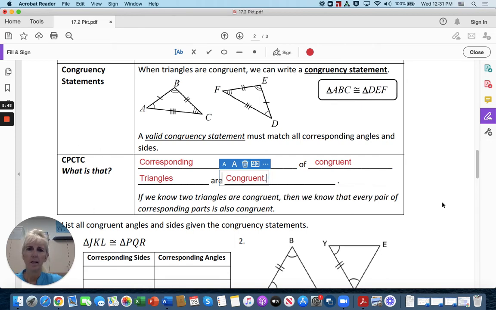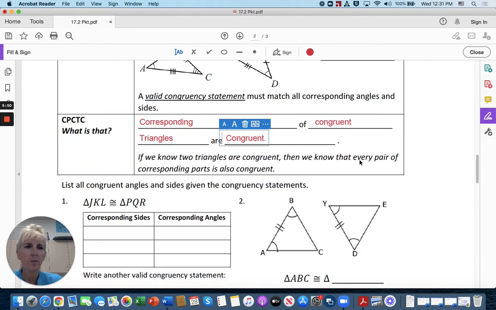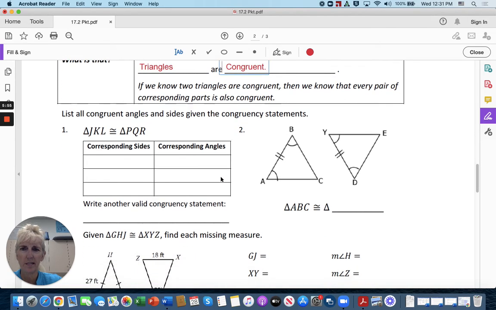Okay? If we know two triangles are congruent, then we know that every pair of corresponding parts is also congruent. So basically that's what that says.